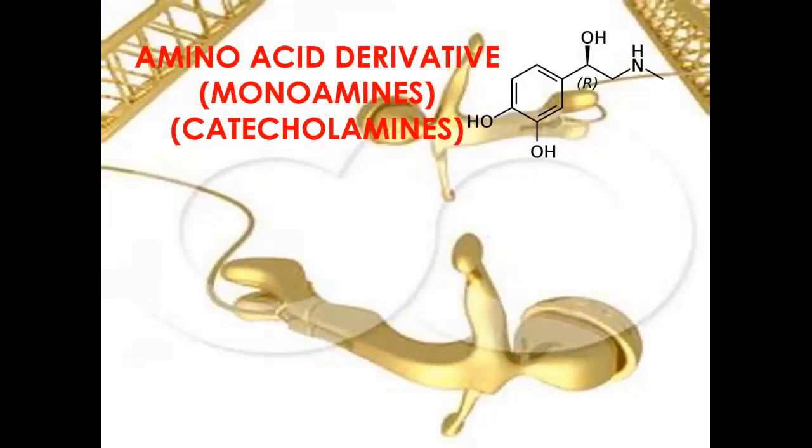The next category of our hormones is the amino acid derivatives. They are also known as monoamines, and that is because they were made from an amino acid, but they no longer have the acid part. They have the amino part. So they're called a monoamine because they have one amino group there.